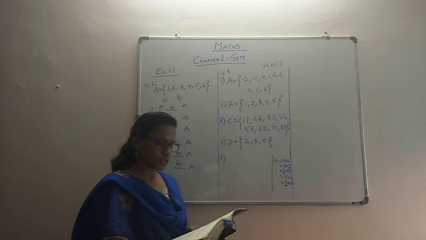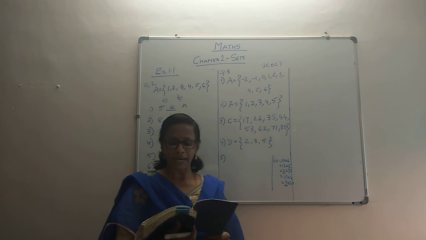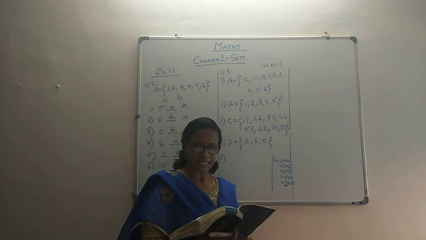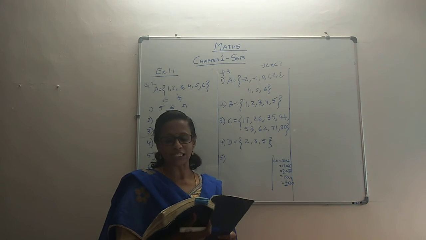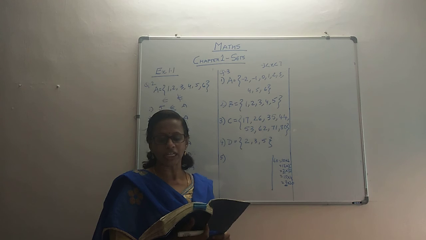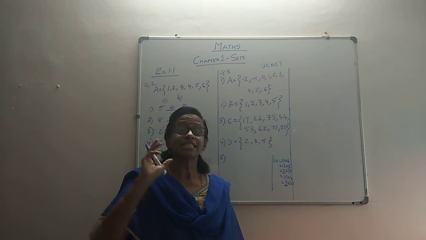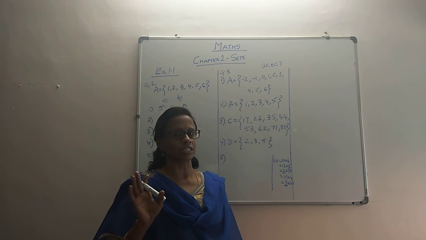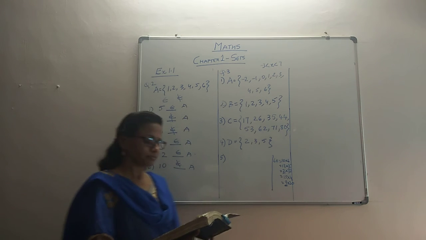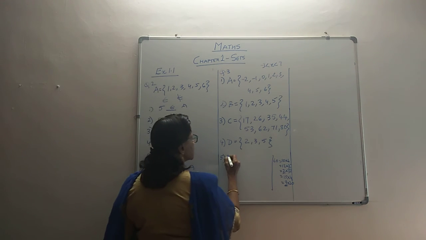Okay, quickly move to the fifth subpart. In the fifth subpart, they ask us a set E such that E is a set of all letters in the word trigonometry. No, that's very easy. Just list up all the alphabets. Just check if there's a repetition, then we need not list it down. So trigonometry, we will be listing up the alphabets.